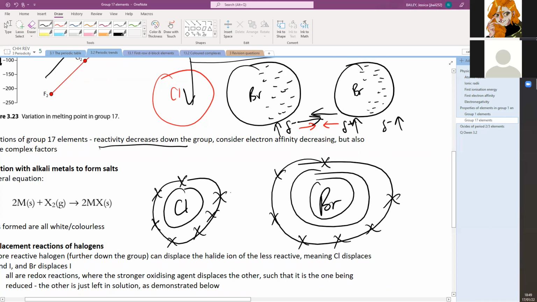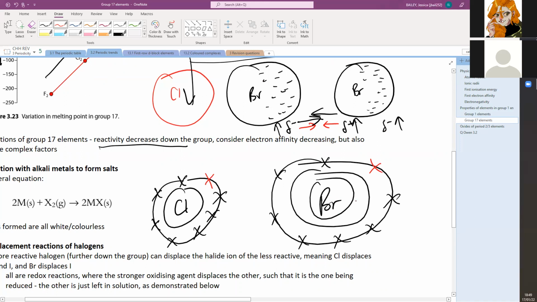But chlorine wants to gain an additional electron far more than bromine does. Because remember, electrostatic attraction. The further away any electron is from the center of the atom, the less that atom really cares about it, so to speak. And so bromine's just a bit lazy.